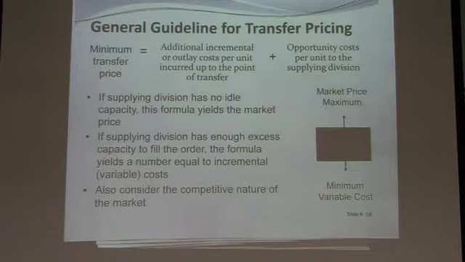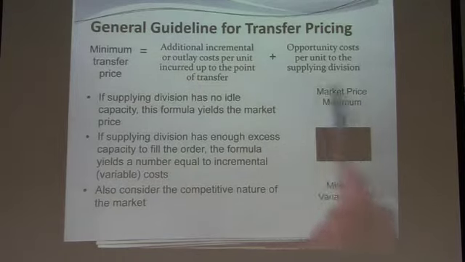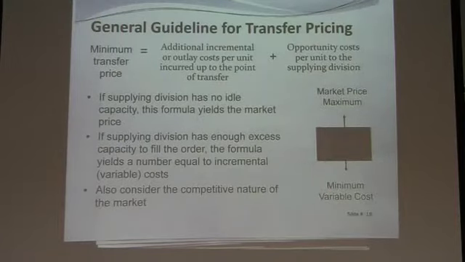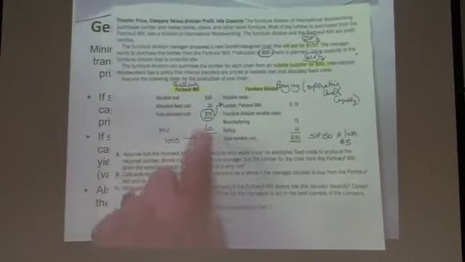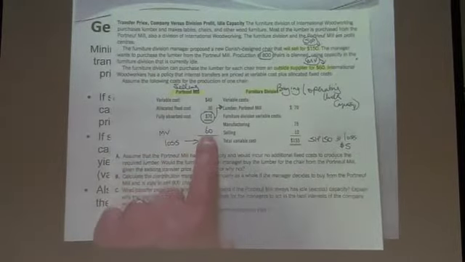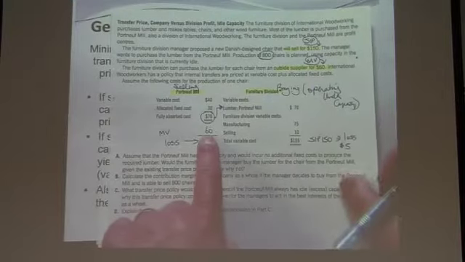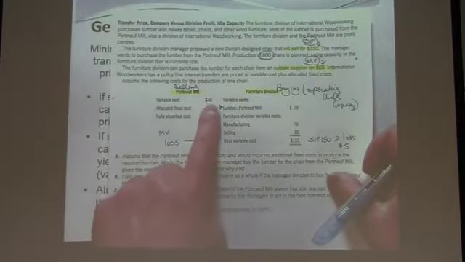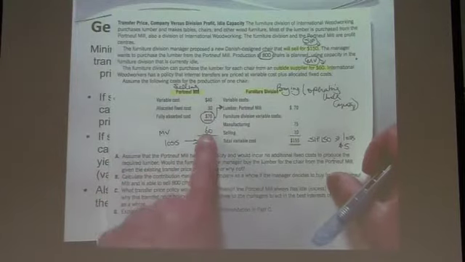That profit they're giving up is the opportunity cost. It's essentially the contribution margin given up. In our case, it would be 60 less the 40, which is 20. 20 plus variable cost of 40 gets us up to 60.